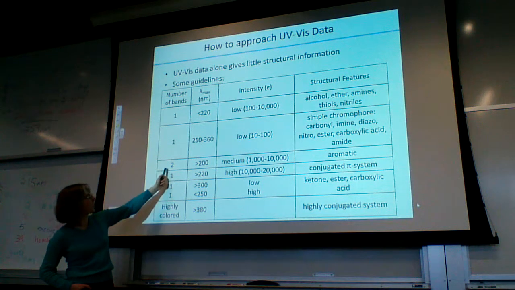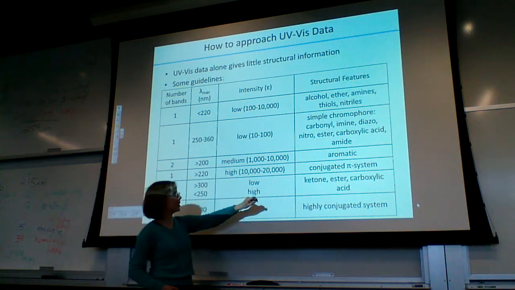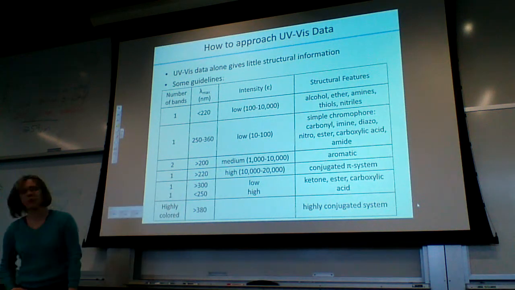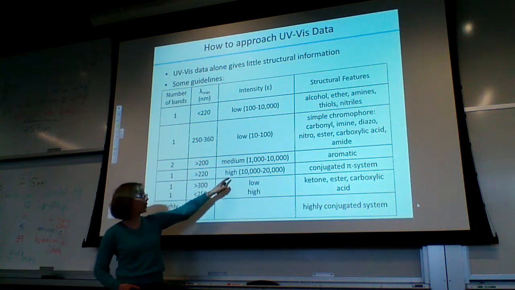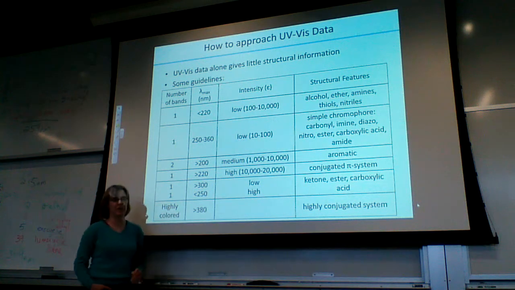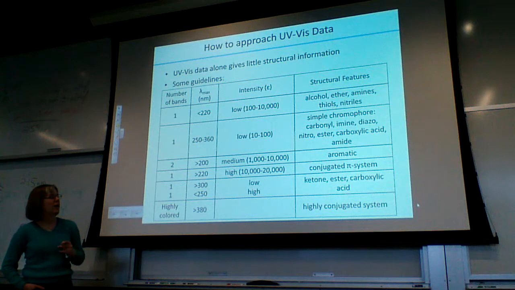If you have 2 bands that are greater than 200 and they are medium intensity, probably thinking that it's an aromatic ring. And if you have one band greater than 220 and it's really strong, we're going to start thinking it's a conjugated pi system of some sort. So carbonyls, dienes, things like that.